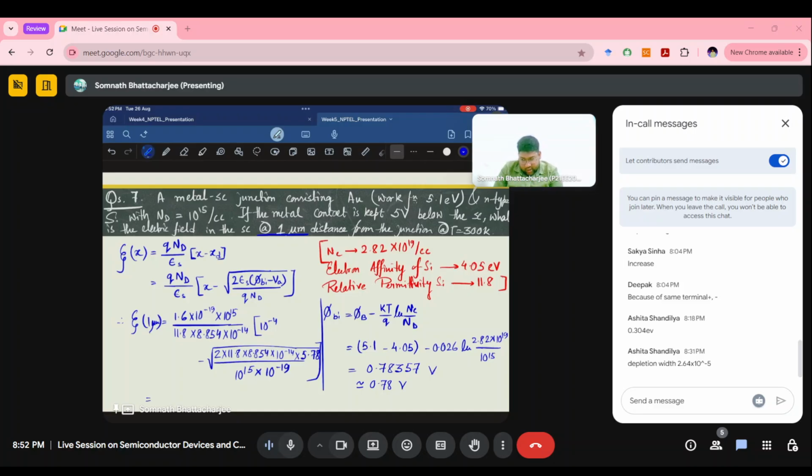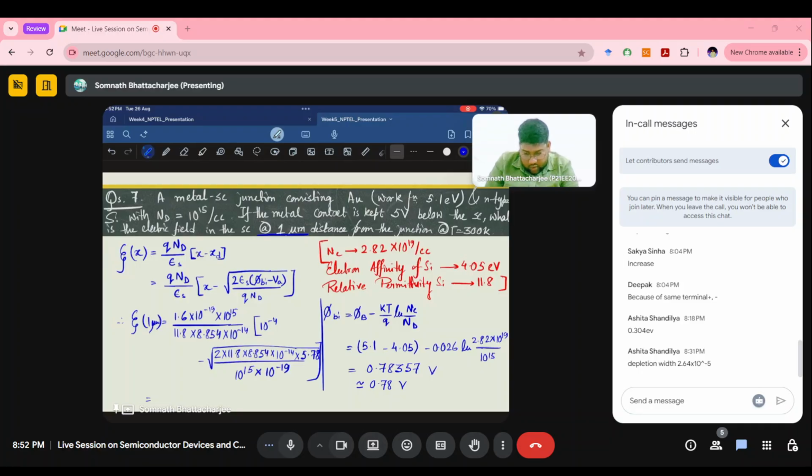Let's put everything down. So it is 2 into 11.8 multiplied by 8.854 multiplied by 5.78, multiplied by 10 to the power of minus 14. This was the total value.